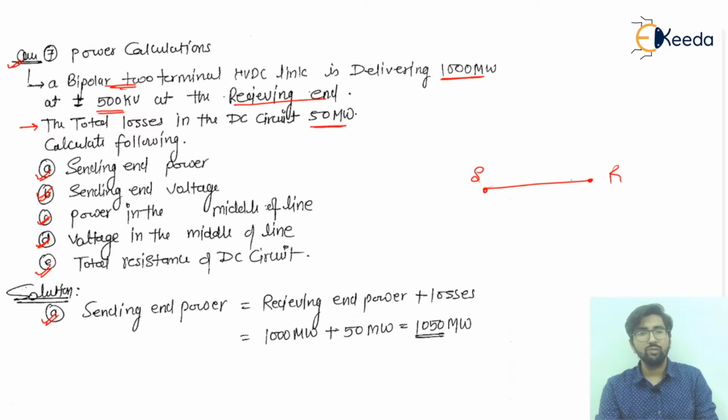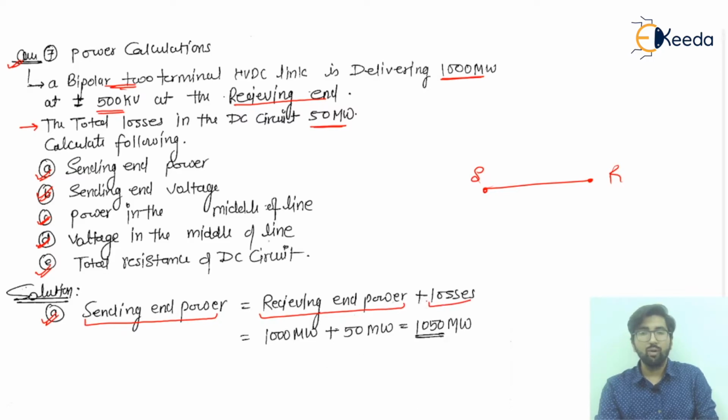Sending end power is equal to receiving end power plus losses, because as the power is generated on the sending side and flows through up to the receiving end, it will have some losses. So this is the formula: sending end power is equal to the receiving end power plus losses.